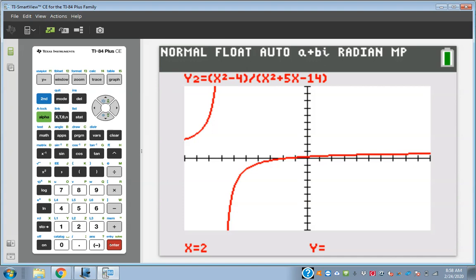The simplified version, you can get the y value where the hole is, because it will think, oh, there's the point there, since there's nothing to cancel out with the simplified version. With the original version, it's going to say, oh, there was a cancellation that happened there, and there's not a y value that goes with that number. So that's where that hole exists. The hole is a little bit confusing if you graph the simplified version, because you would think, hey, if it's a hole there, then I shouldn't get an ordered pair.